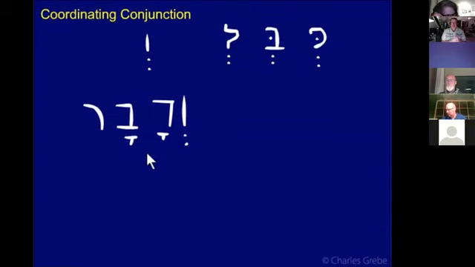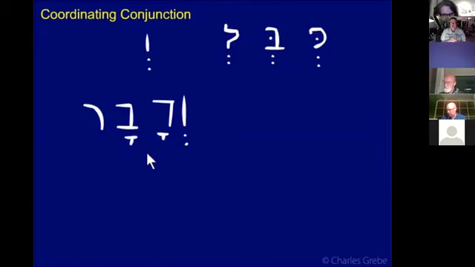These letters can have a dot, and when the dot is there, it changes the pronunciation. Because it changes only the pronunciation and doesn't double, it's called the dagesh lene, or the weak dagesh.